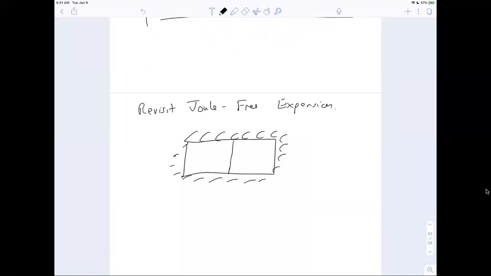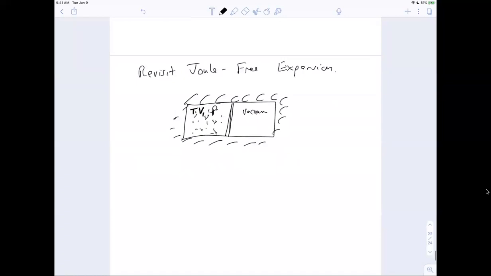Right here we have gas initially, at some temperature T, volume V1 or V left, and some pressure. And here we have vacuum. And then we remove the partition.